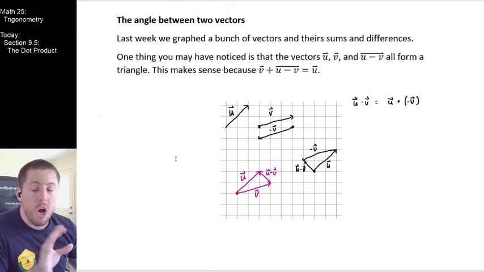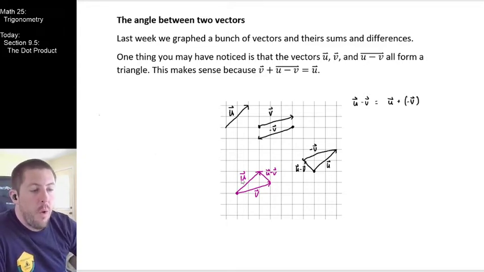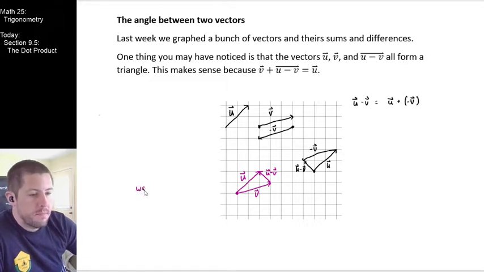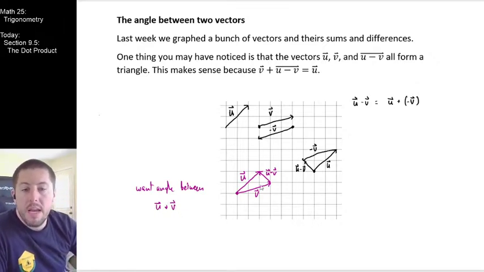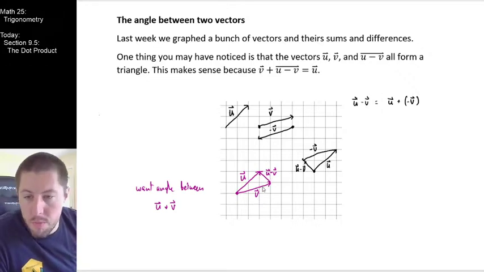So our goal here is to discuss the angle between two vectors. What I want to know is the angle between u and v. You should notice that knowing u and v, we can form a triangle with the side lengths magnitude of u, magnitude of v, and magnitude of u minus v.